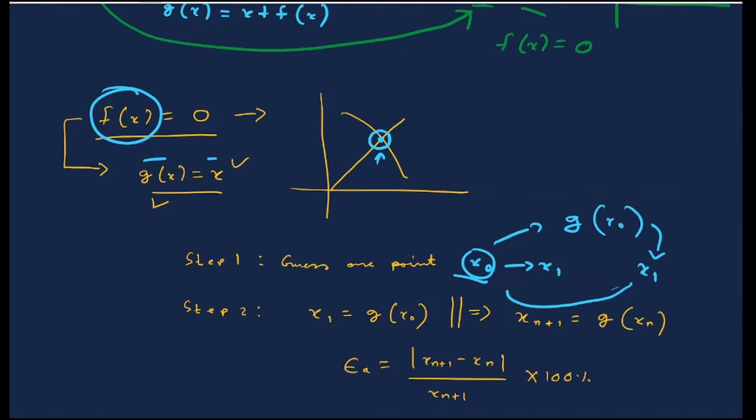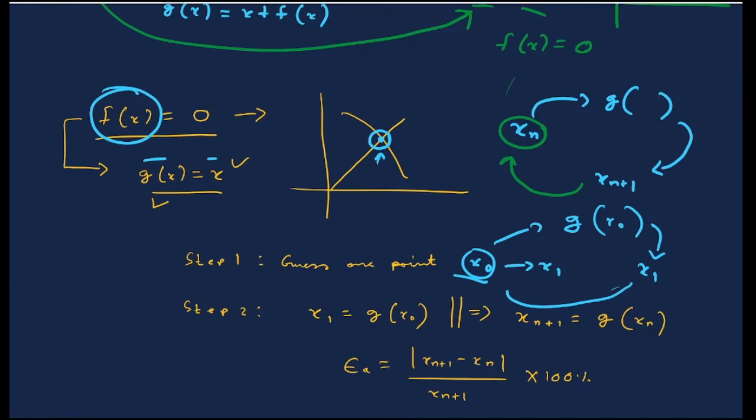So we can write it in this way. We have to start with xn, and it will go inside g, and that will give us xn plus 1. Then we will replace xn by this, and then again run it in this loop.